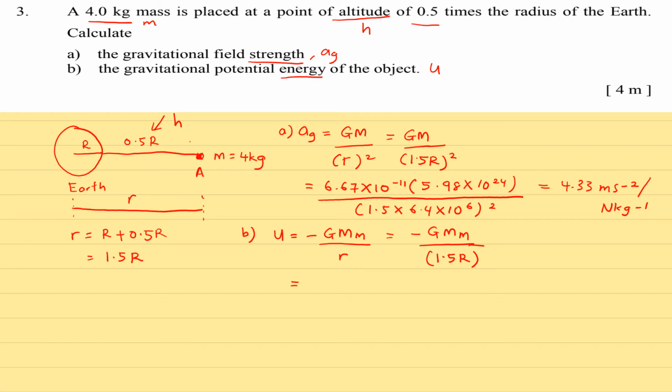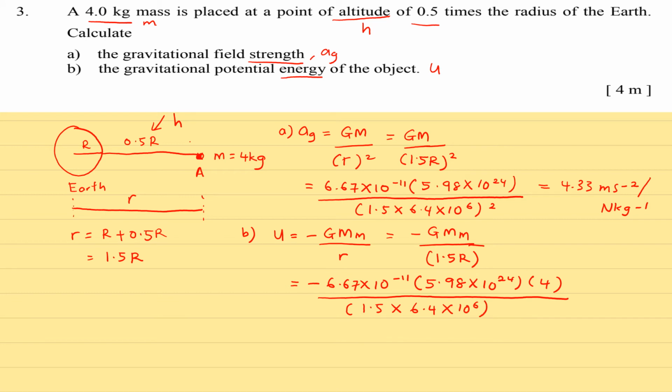Okay, so negative 6.67 times 10 to the power of negative 11 times 5.98 times 10 to the power of 24, mass 4 kilogram, divided by 1.5 times 6.4 times 10 to the power of 6. So the answer is negative 166.19 times 10 to the power of 6 joule. So this is the answer in joule unit.